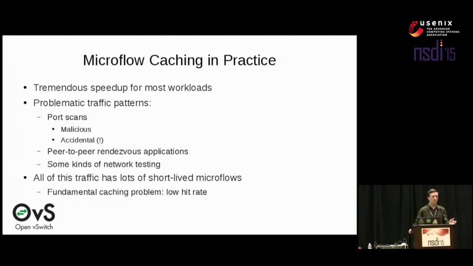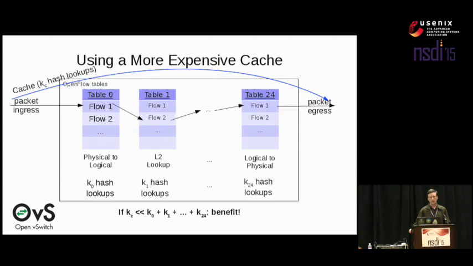The way we started thinking about that was that being able to change from 100 hash lookups to 1 was great, but if we could instead change from 1 to 2 or to 3, that's still a huge improvement. So we came across the idea of, instead of using a Microflow cache, what if we were able to take the cross product of all of our OpenFlow tables, so that you end up with a single flow table that combines the matches that you would have in all of your OpenFlow tables.